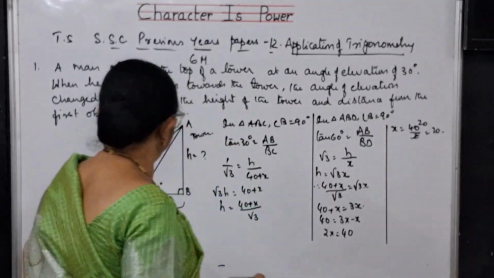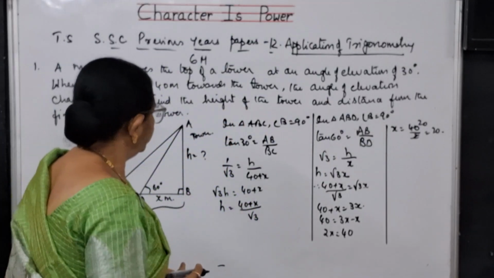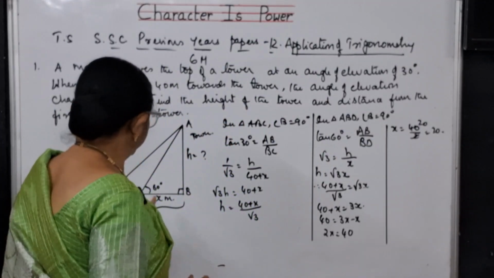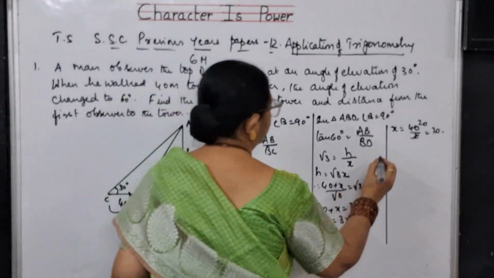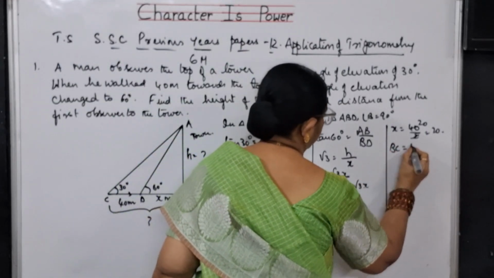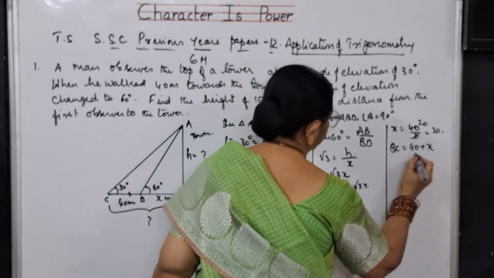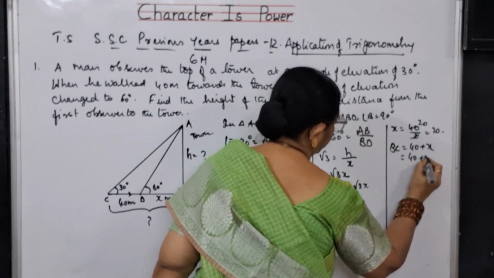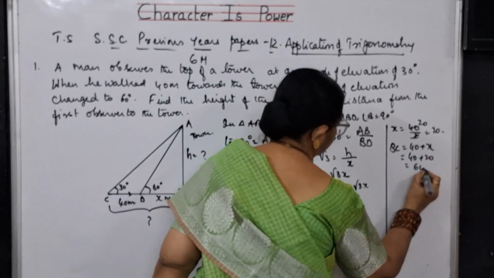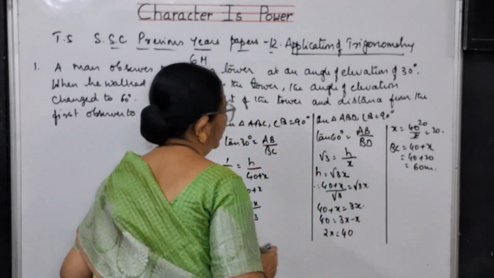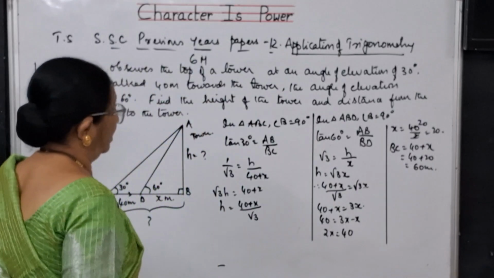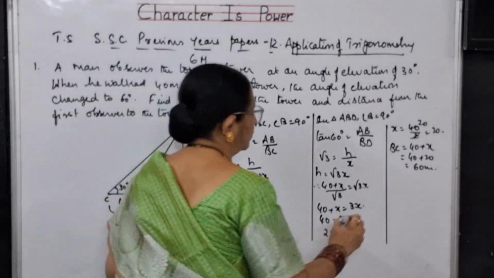X is 20. So we want BC. What is BC? Distance is 40 plus x, 40 plus 20, 60 meters. And another question is h. What is h?